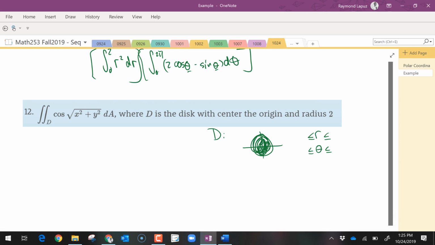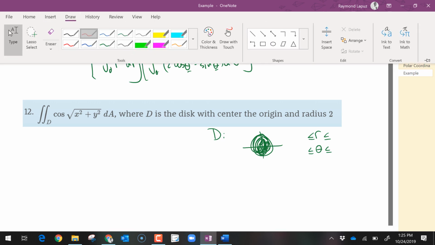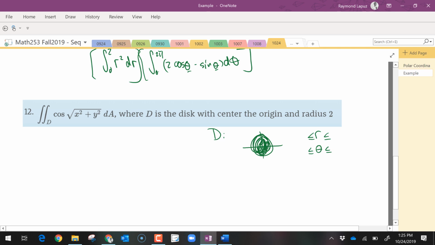So, by the way, just as an exercise, we're not going to do it, but what if I wanted to integrate this with respect to x first? I would draw a line parallel to the x-axis, and try to figure out which function I'm going to go into and get out of.